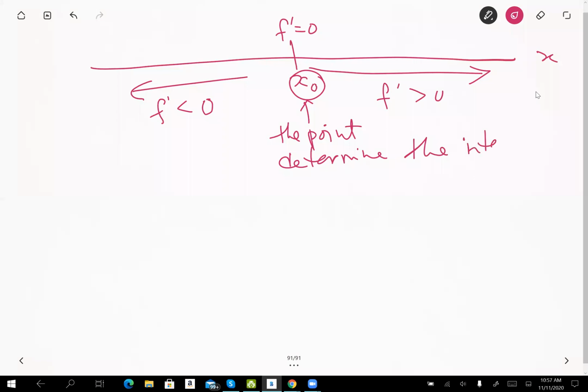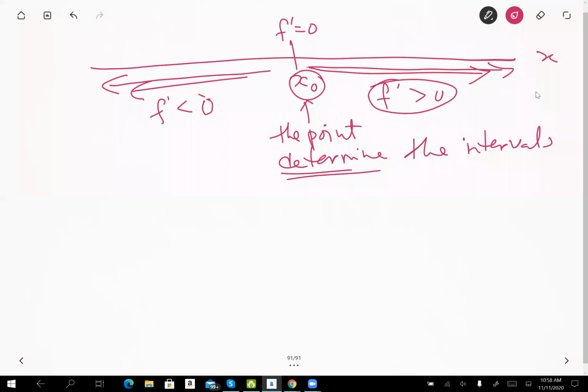Based on the critical point, we determine the intervals. Here the critical point is x0, where f prime is equal to 0. So therefore, there will be 2 intervals, one to the right of x0, the other to the left of x0. In this example, f prime is positive to the right and negative to the left. That will determine the intervals.